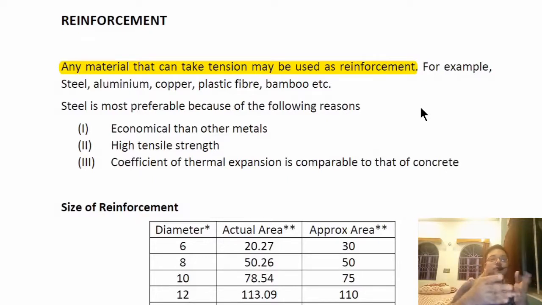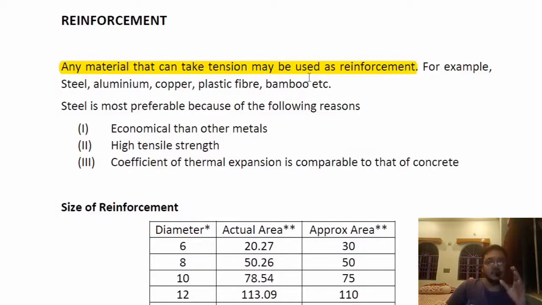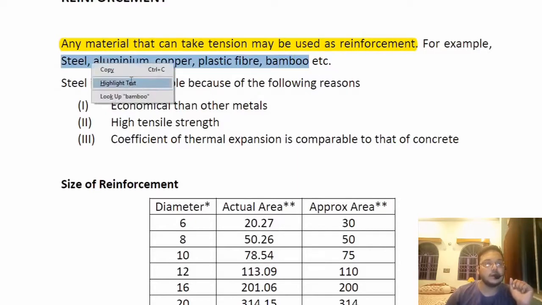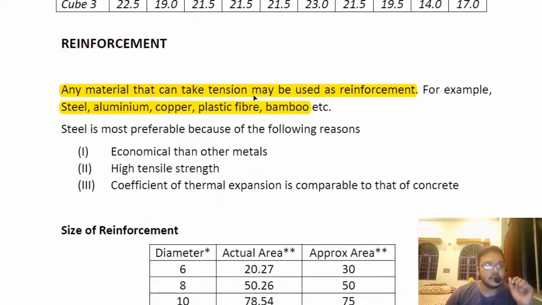The job of this reinforcement is to give resistance to the tension forces applied to a particular member or concrete element. For example, we use steel, aluminium, copper, plastic fiber, or even bamboo for reinforcement. One job of reinforcement is that it should give a good amount of elasticity.